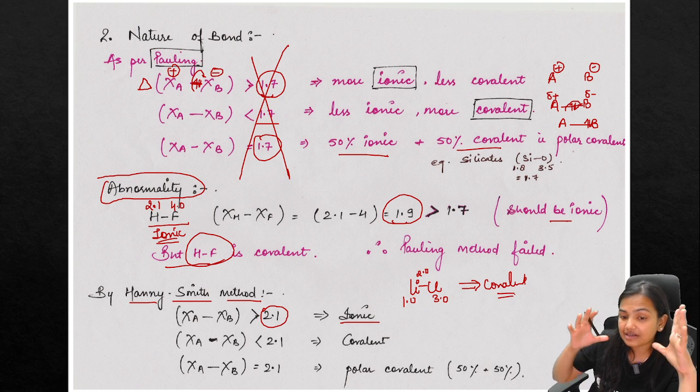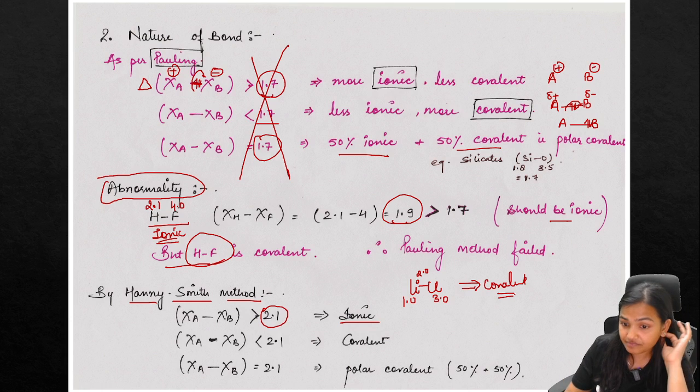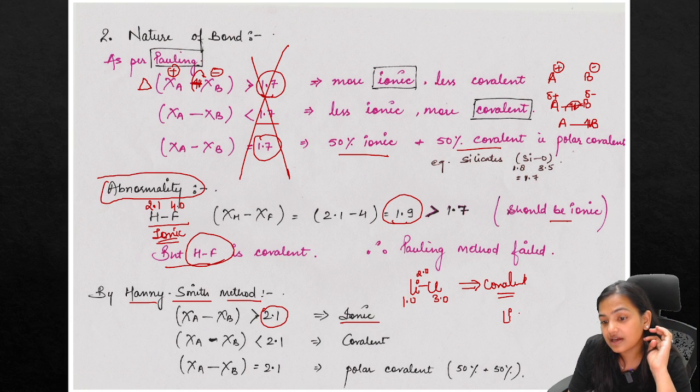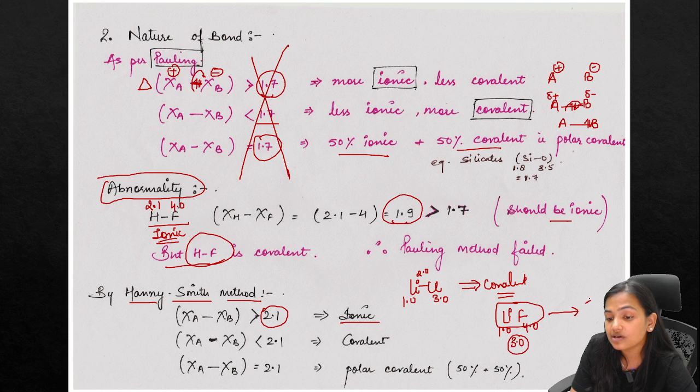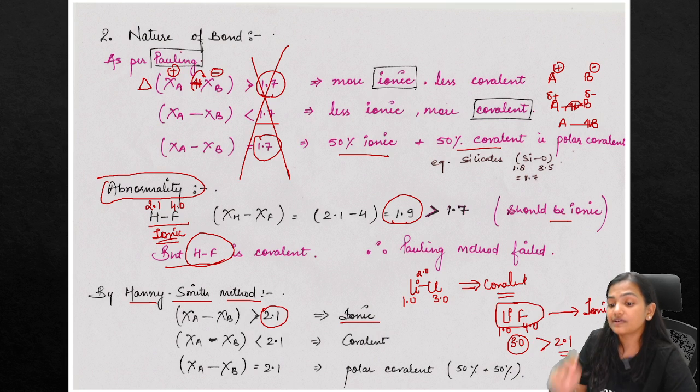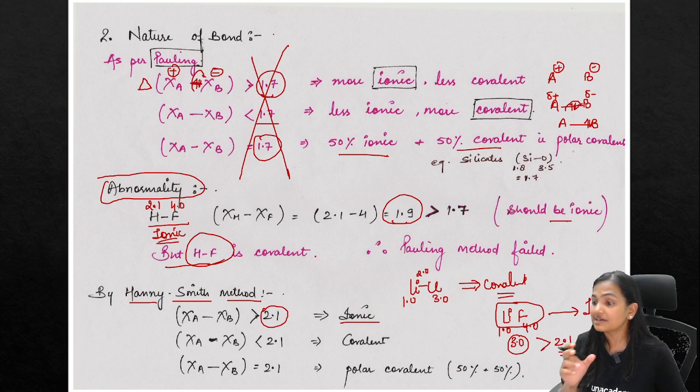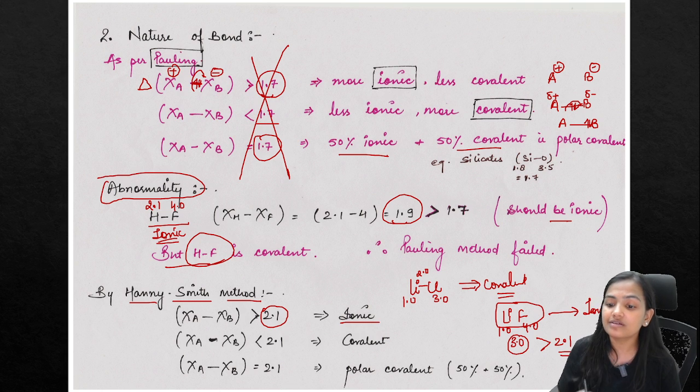But if you are talking about LiF, here lithium is 1.0 and fluorine is 4.0. The difference is 3.0. So lithium fluoride is more ionic, because the difference is 3.0, which is greater than 2.1. Whenever the difference comes out greater than 2.1, the molecule is said to be ionic.